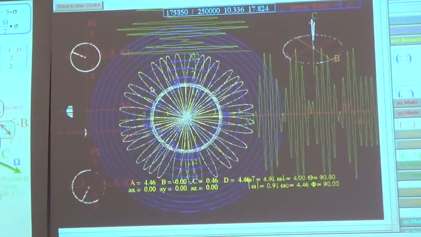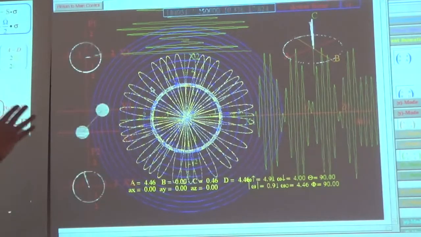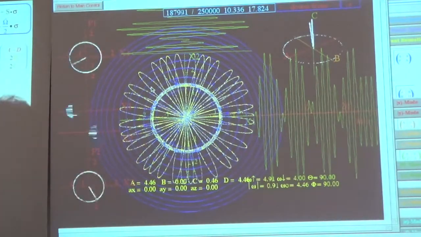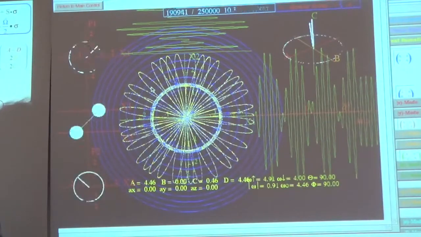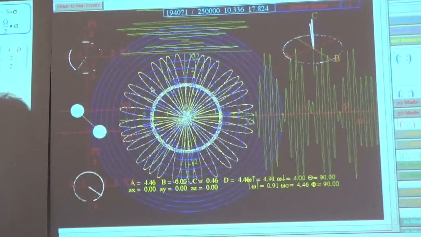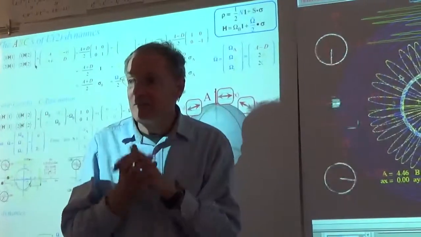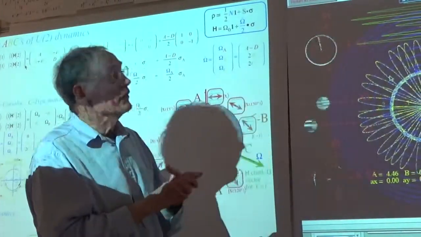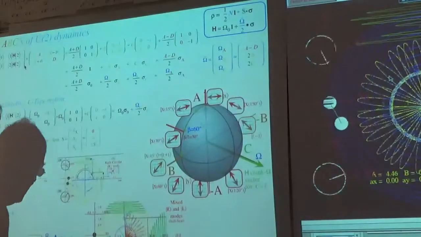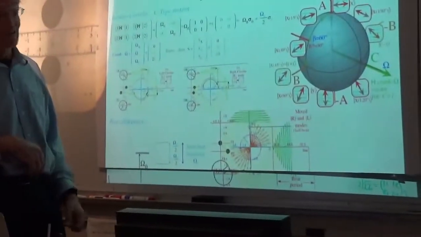So I think now you begin to get the feeling for what it looks like to have a spin vector and a crank in the picture. You see, the crank just sits there, and the spin vector will go around it at some frequency that depends on the parameters, namely, in this case, just the omegas.